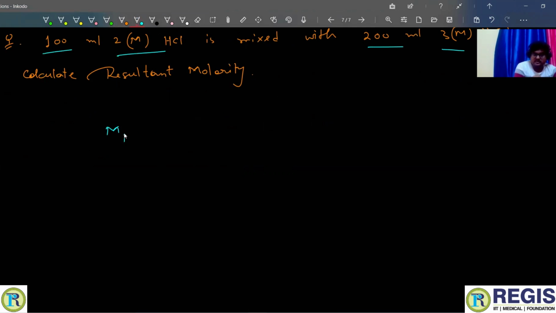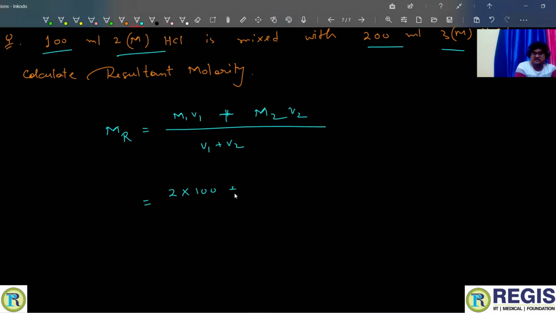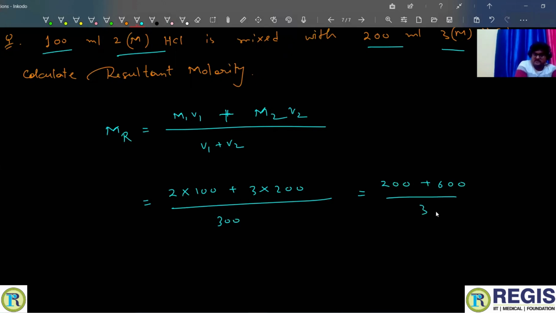Now for resultant molarity, with two solutions, we write M1V1 plus M2V2 by V1 plus V2. M1 is 2, V1 is 100, M2 is 3, V2 is 200. Total volume is 100 plus 200, that means 300. So we write 200 plus 600 by 300, which is 8 by 3, basically 2.66. This will be the molarity.